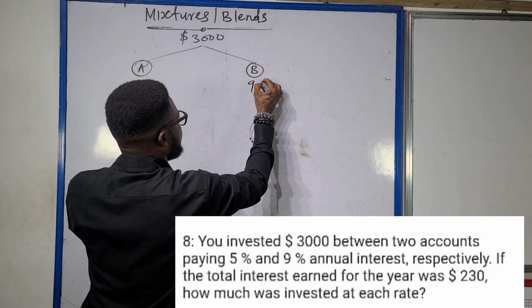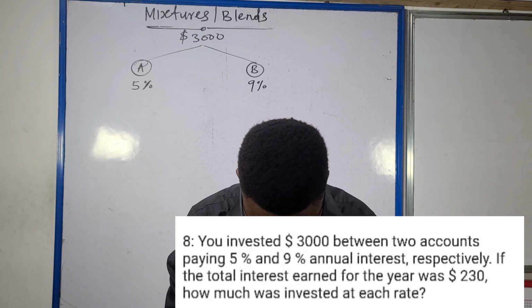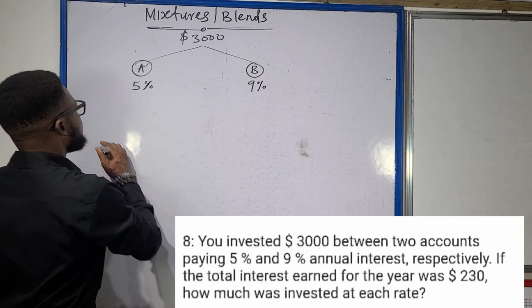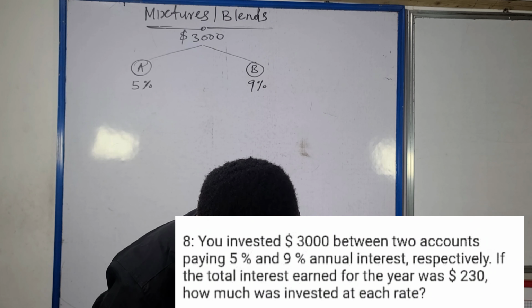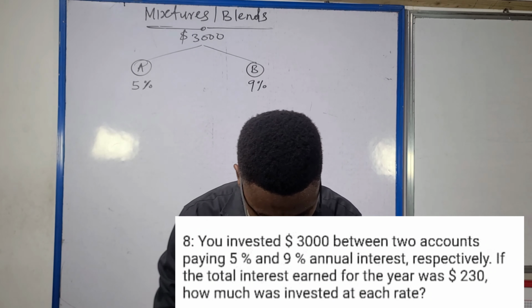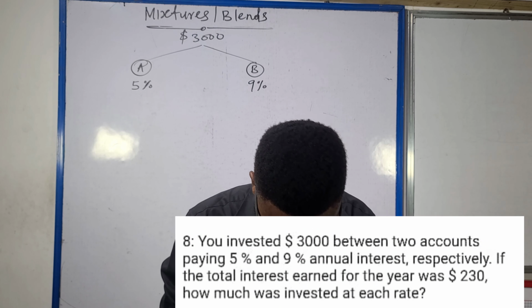This is at 9%. That's what the question states. 5%, 9% annual interest respectively. If the total interest earned was $230, how much was invested at each rate?